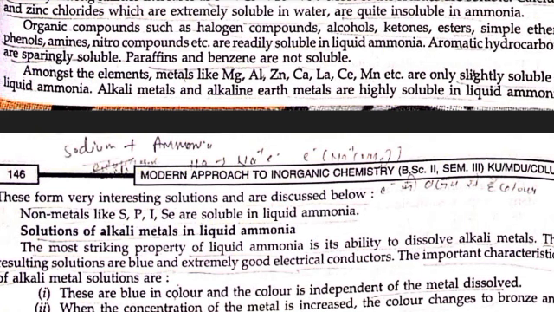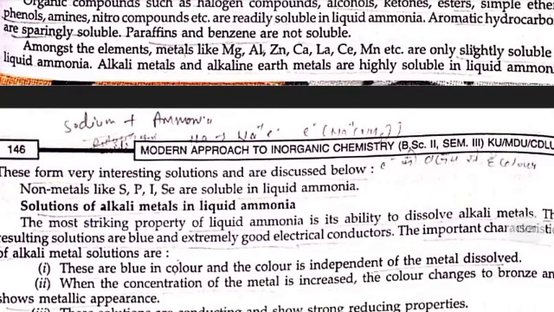Organic compounds such as halogen compounds, alcohols, ketones, esters, simple ethers, phenols, amines, nitro compounds, etc., are readily soluble in liquid ammonia. Aromatic hydrocarbons are sparingly soluble. Paraffins and benzenes are not soluble.